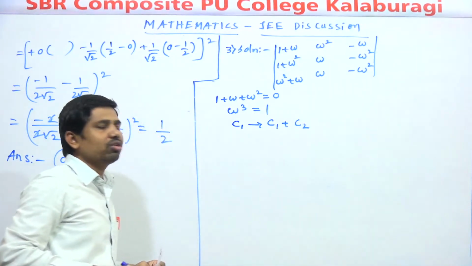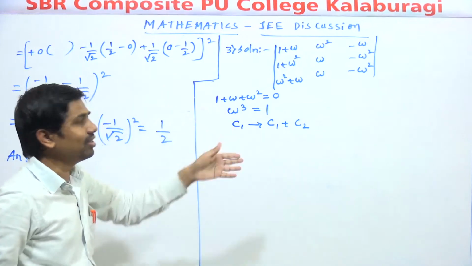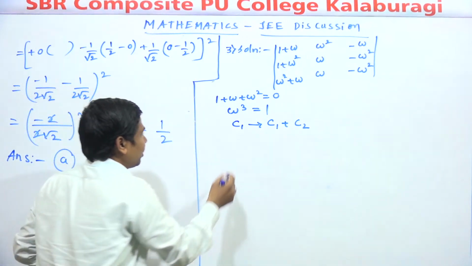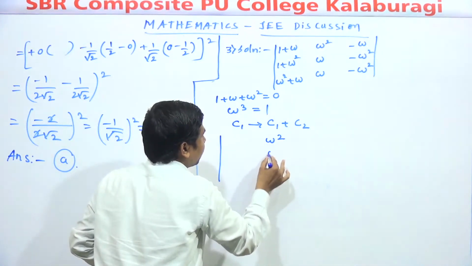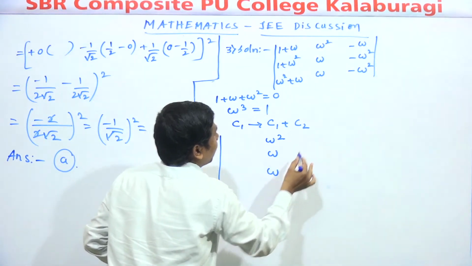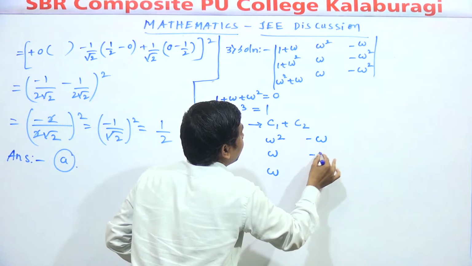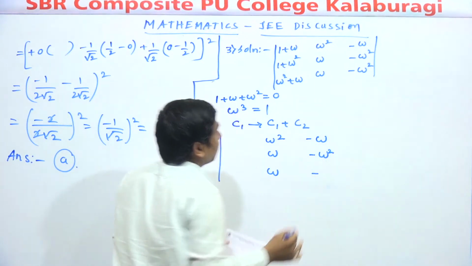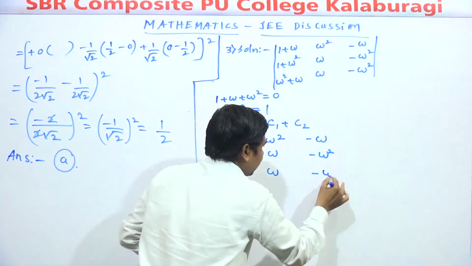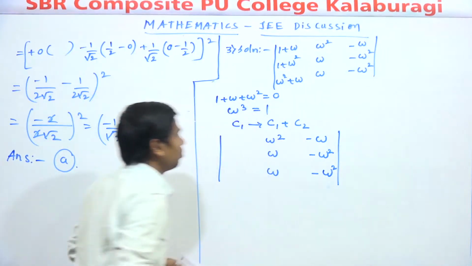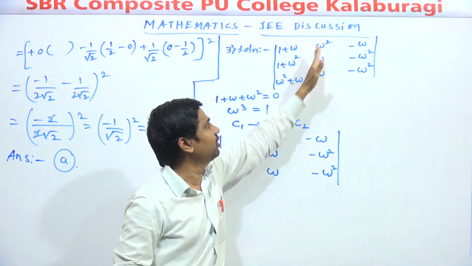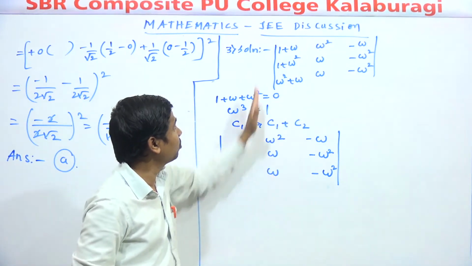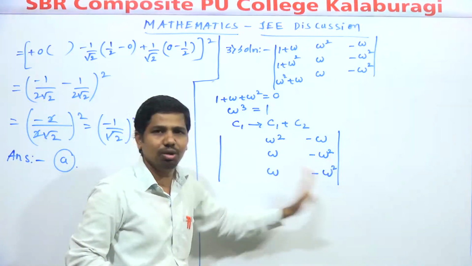You are doing the operation on C1 only, keeping C2 and C3 as is: omega square, omega, omega, minus omega square, minus omega square. C1 changes to C1 plus C2, with C2 and C3 kept as is.